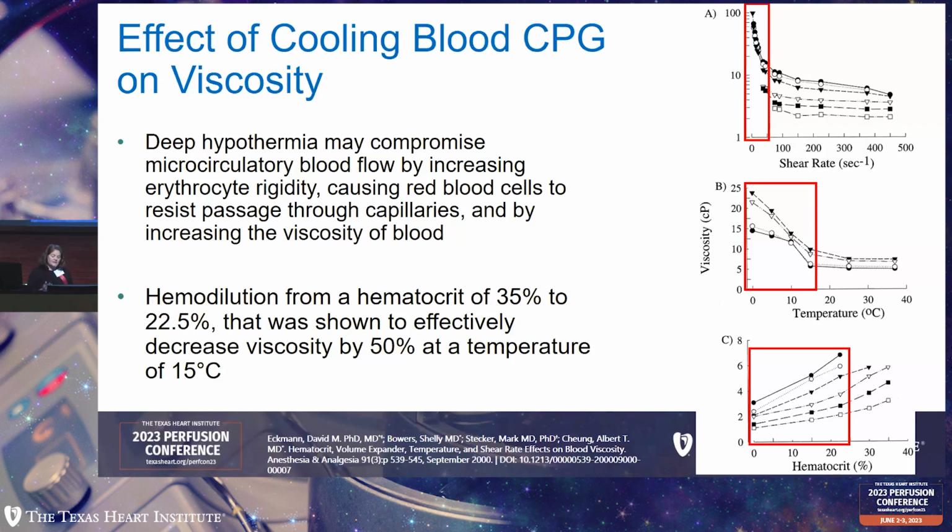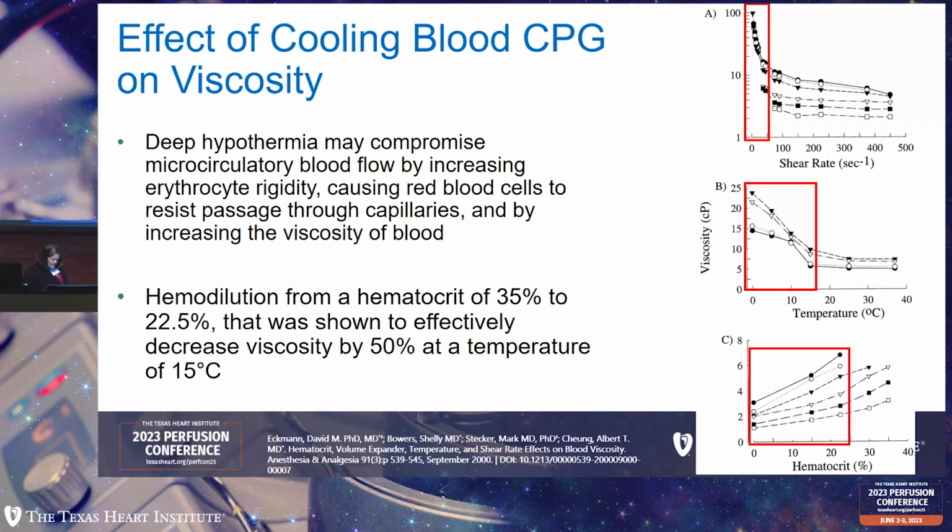So as you're cooling, and those are the temperatures we're giving our cardioplegia at, we're getting much higher viscosity from that blood we're delivering. So giving a diluted cardioplegia system with a hematocrit around 24, you're going to still be at lower viscosity rates, which you may want to have, a little thinner blood.